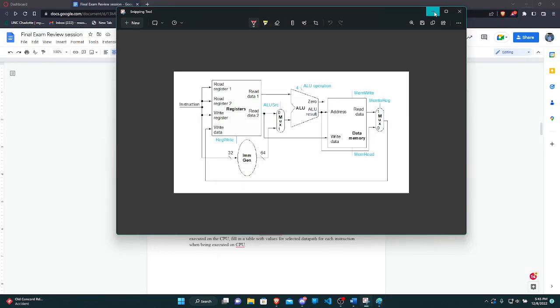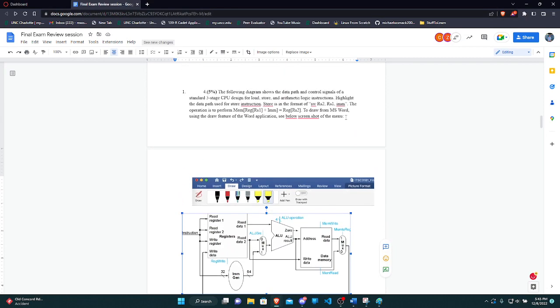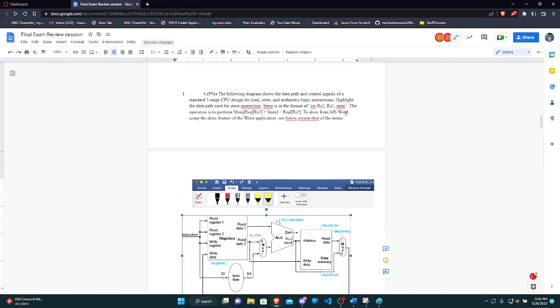So this one: the following diagram shows the data path and control signals of a standard 5-stage CPU design for load, store, and arithmetic logic instructions. Highlight the data path used for the instructions. Store.